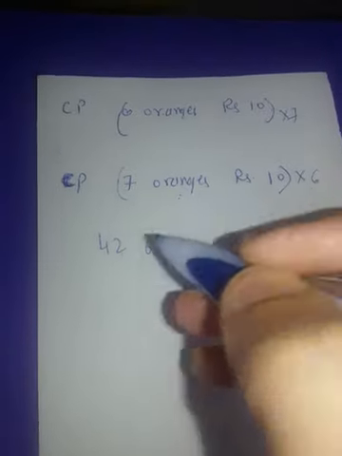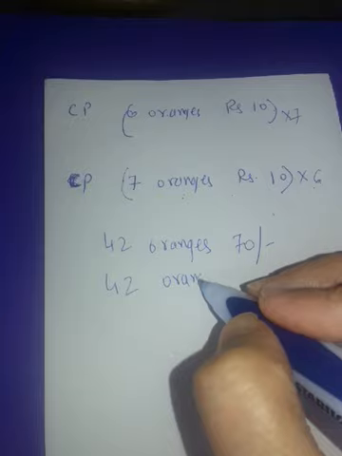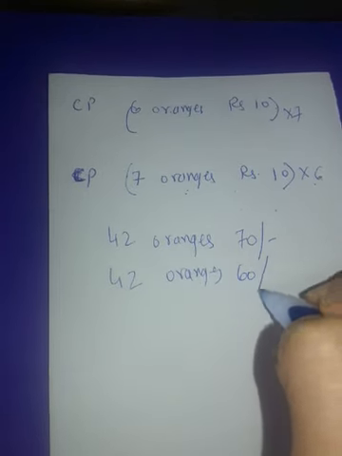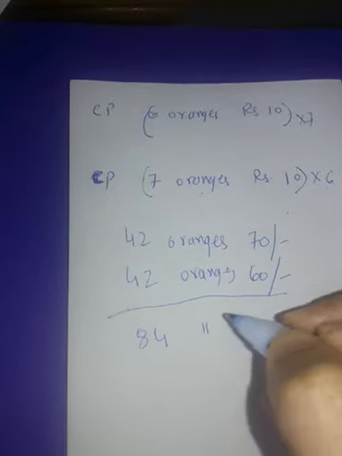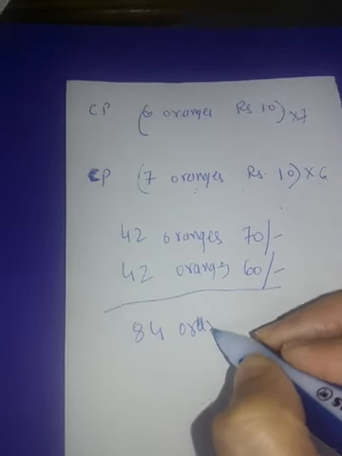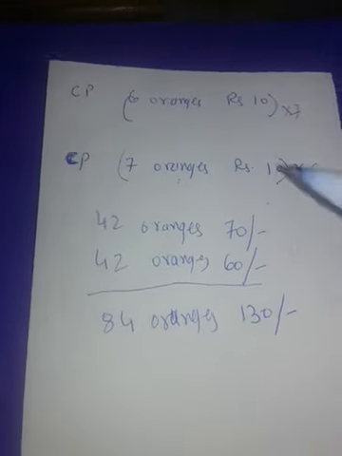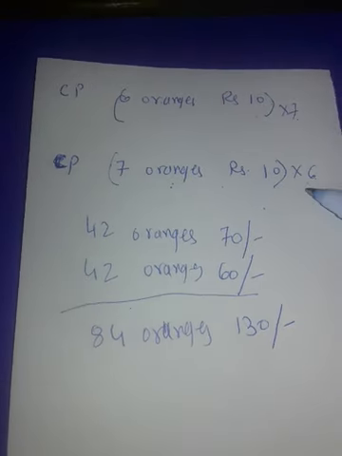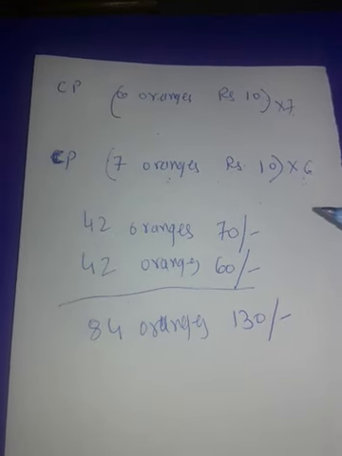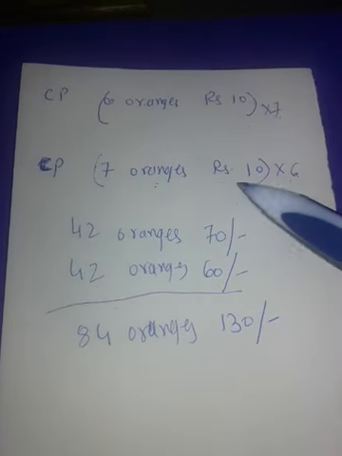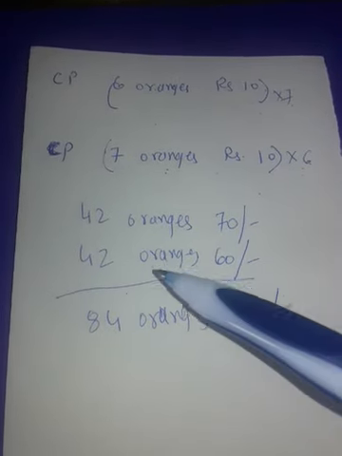And here 42 oranges for 60 rupees. So 84 oranges for 130 rupees. Correct? I multiplied this by 7 and this by 6. 6 oranges for 10 rupees, that means 42 oranges for 70 rupees. 7 oranges for 10 rupees, that means 42 oranges for 60 rupees.